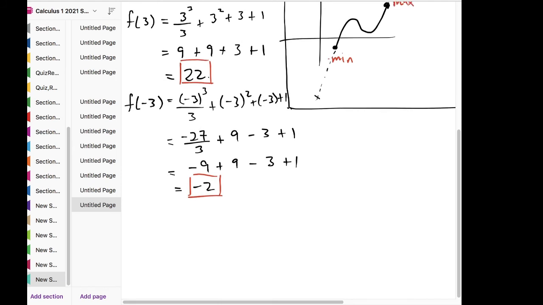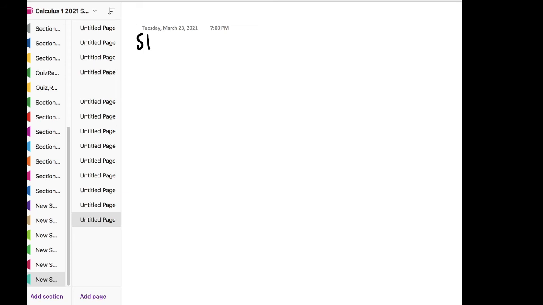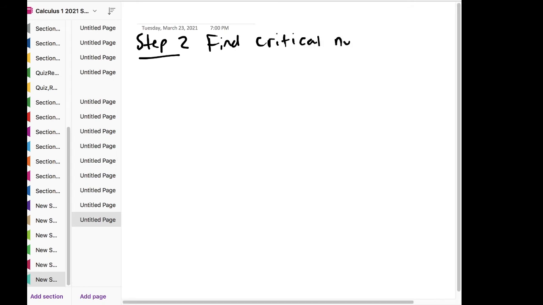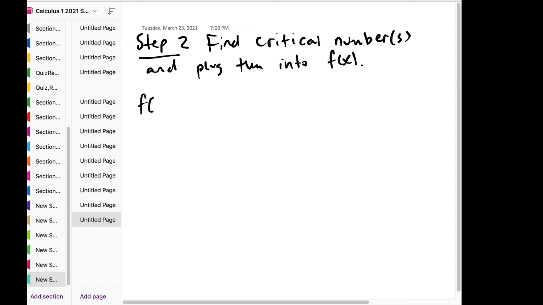Okay, so now step 2: find critical numbers and plug them in. What was f of x again? It was x cubed over 3 plus x squared plus x plus 1.